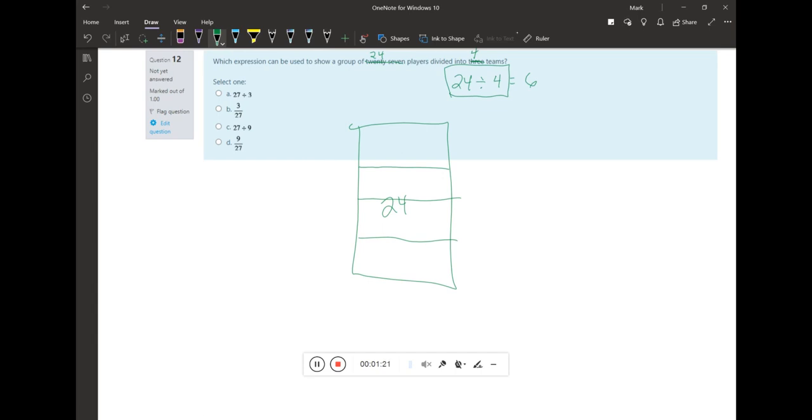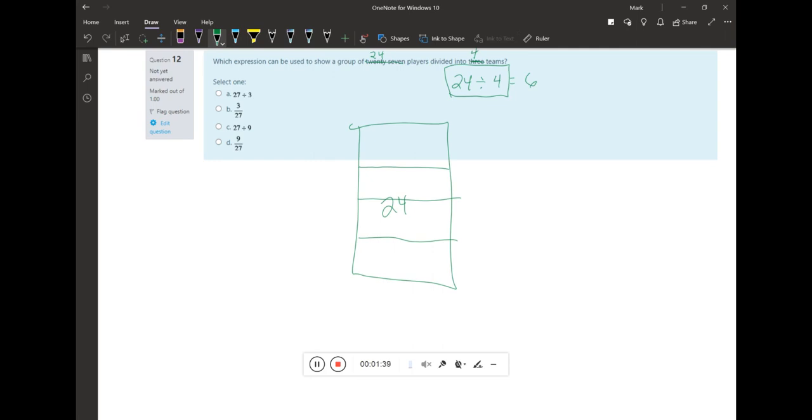So if we had 30 candies divided into 6 piles, it'd be 30 divided by 6. So this is just taking the words and trying to connect it to the mathematical expressions of it, right?